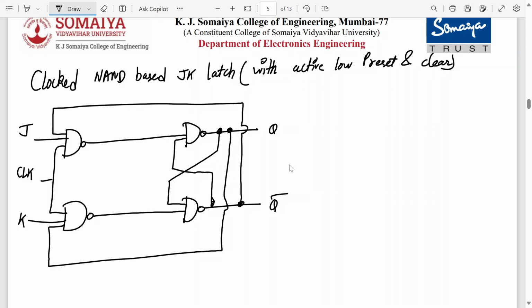So where is the preset and clear? This is the same diagram as last time, right? Preset is over here. So we call it preset bar because they are active low inputs, and clear bar.